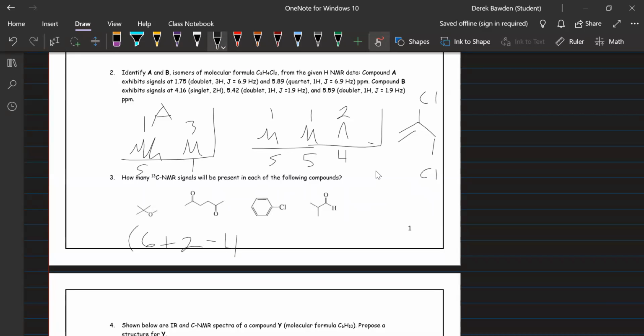Minus X, and we have 2 chlorines, so minus 2, divided by 2. So 6 plus 2 is 8, minus 4 is 4, minus 2 is 2, divided by 2 equals 1. 1 degree of unsaturation. So does that mean there'll be 1 double bond? 1 double bond. Oh, all right, thank you. Yep.